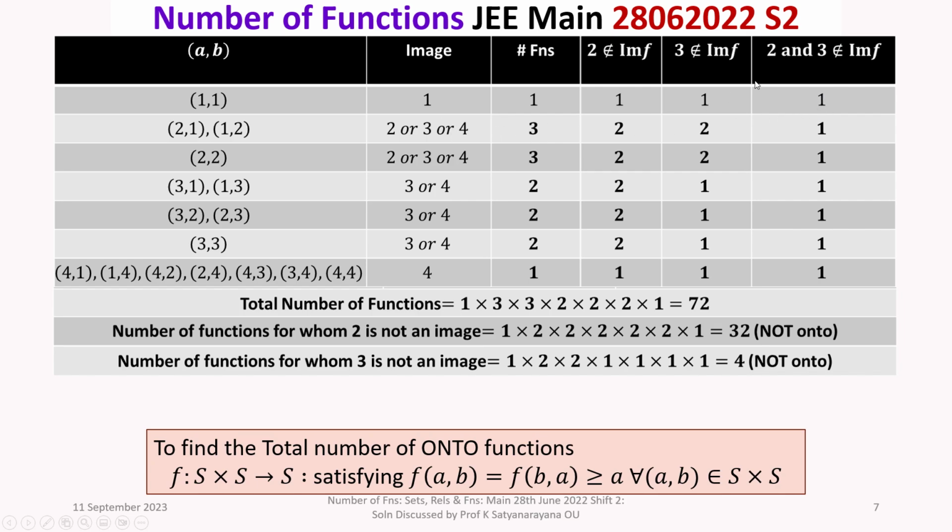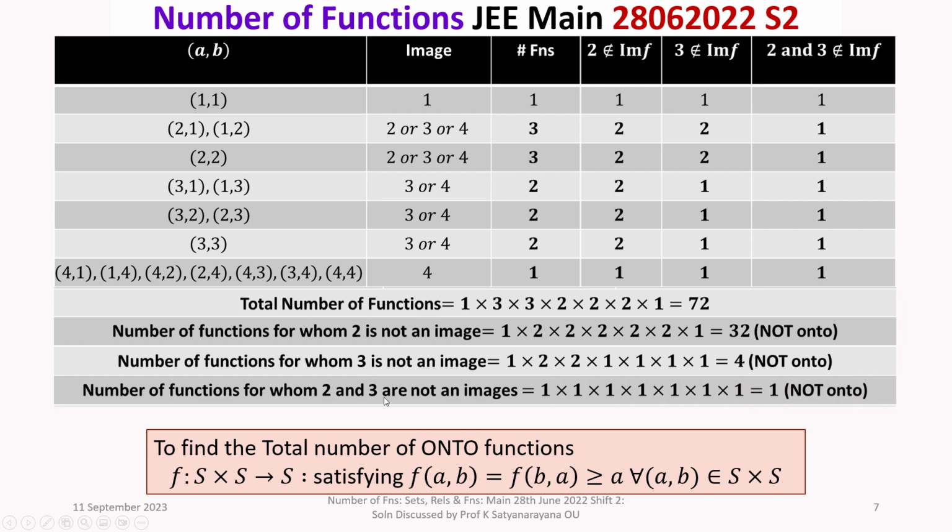So now 2 and 3 both, you remove both. Only 1 choice remains for each pair, since 2 and 3 are removed. So the number of functions for whom 2 and 3 are not images will be 1 into 1 into 1 into 1 into 1, that is 1, and these are not onto functions.